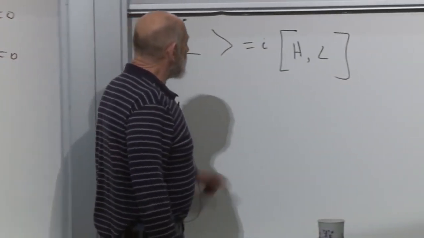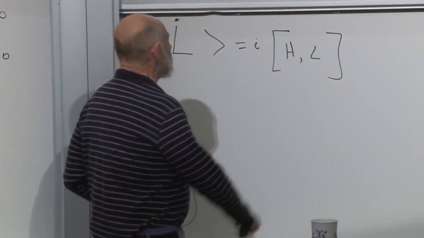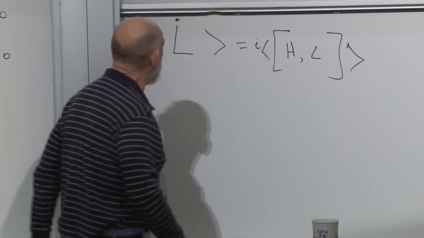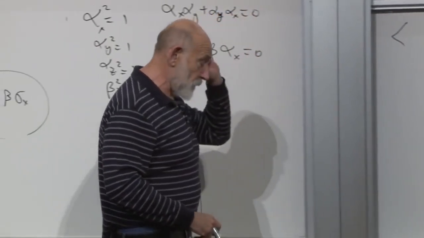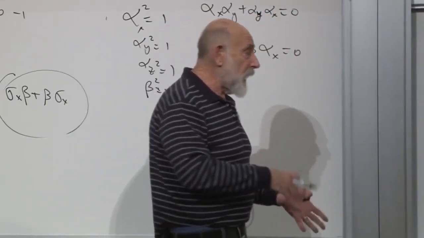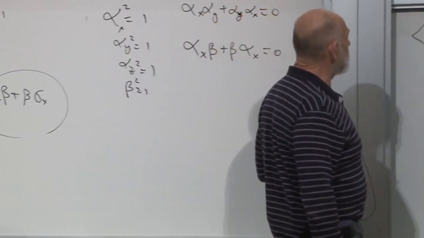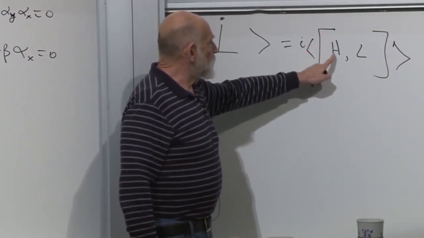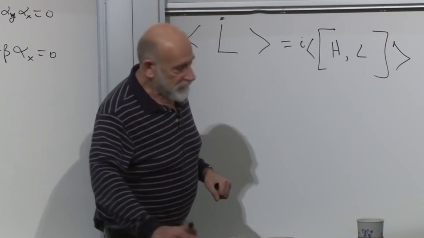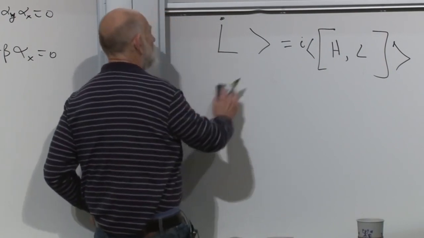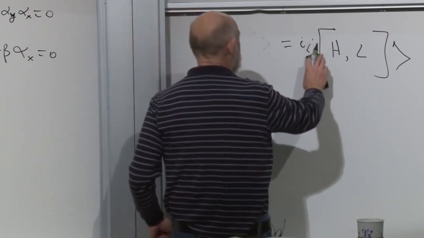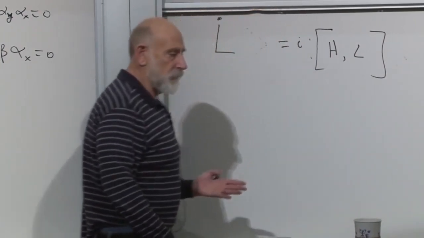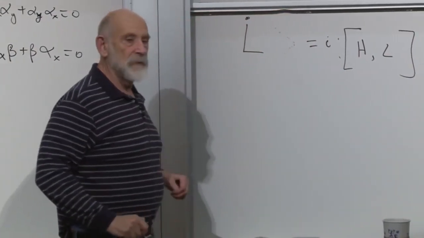Okay. The time derivative of the expectation value of L, you can just think of that as the average time derivative of L, is equal to I times the commutator of H with L. In fact, you can even erase these brackets and just write it formally, the formal equation that L dot is this.